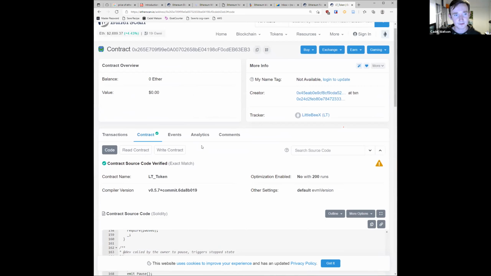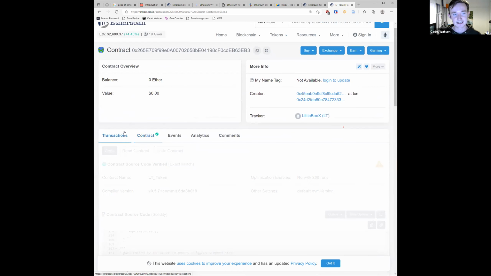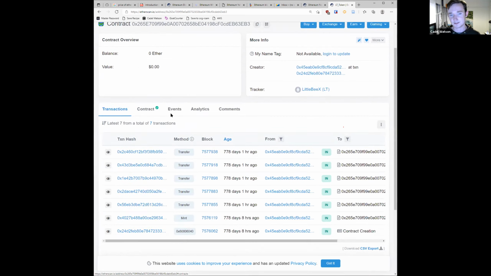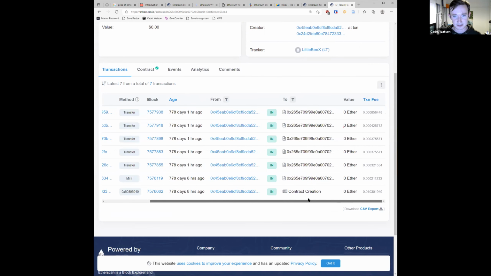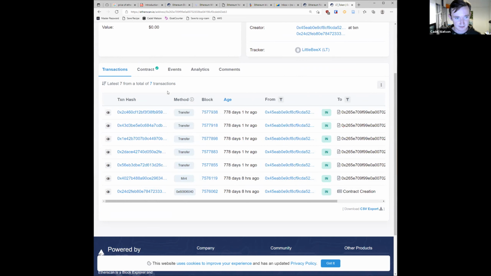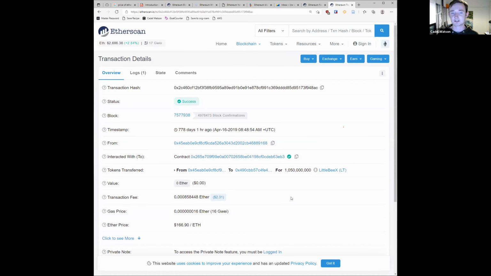So if I look then at the transactions that have called this contract, that have interacted with it, and I just pick, say, this one here, which is using the transfer function of the contract. So I'm now looking at the actual transaction that called that function in the contract. So this is calling a function or a method in the contract called transfer.